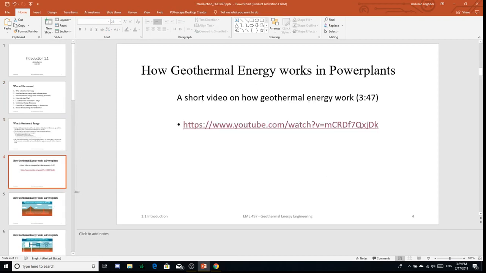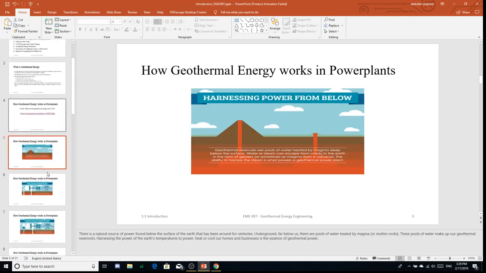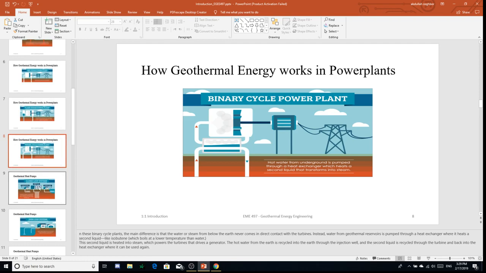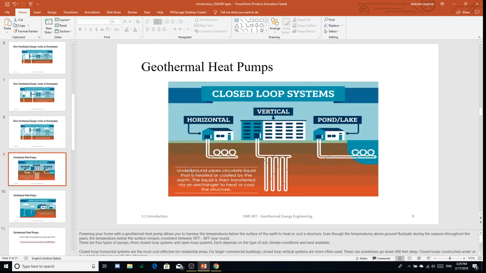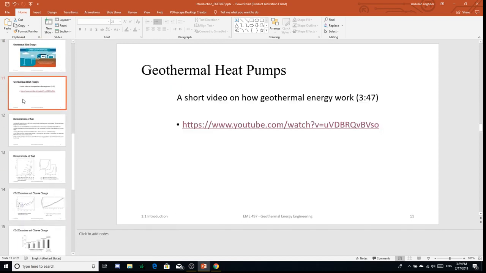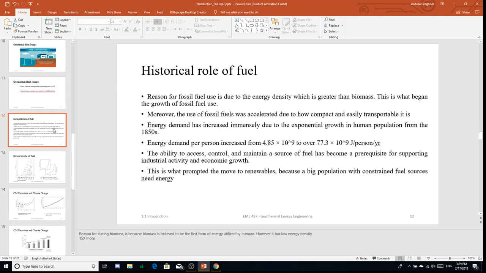There's a video we watched that talks about the three different forms of geothermal power plants, and then the different heat pumps, depending on whether it's residential or commercial, and a video that kind of summarizes all of this as well, in addition to the prices, how oil was expensive. It wasn't even expensive back then, and geothermal was still competitive at that point.